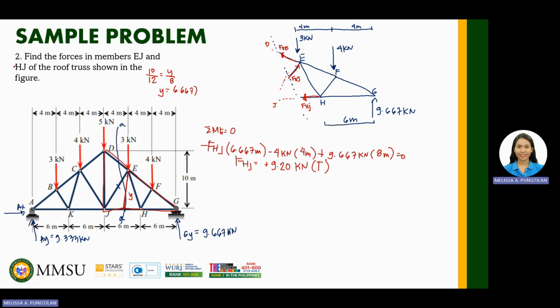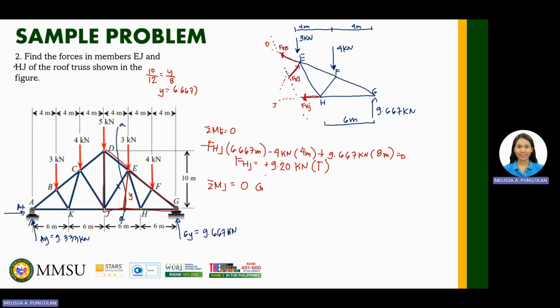Present naman na kasi si HJ. Pwede rin tayong mag-moment. Dun saan tayo mag-moment? Okay. We can take the summation of moment at point J. Okay. Taking the summation of moment at point J is equal to 0.